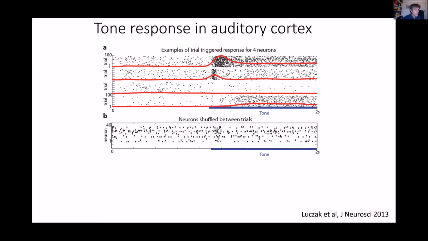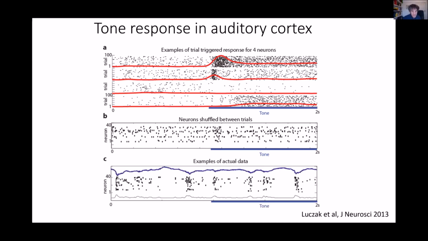The data, though, actually look very different. They look like this. This is exactly the same data plotted in a different way, right? So this is the data plotted by analyzing one cell at a time, rasters for one cell at a time. This is a population raster. So the rows now, rather than being trials, are neurons.